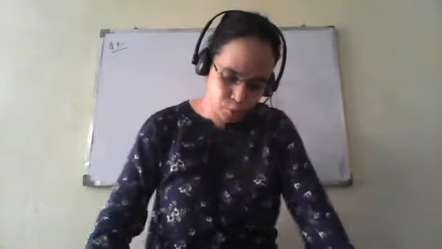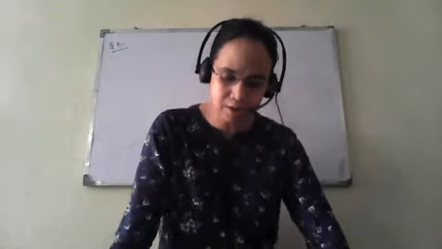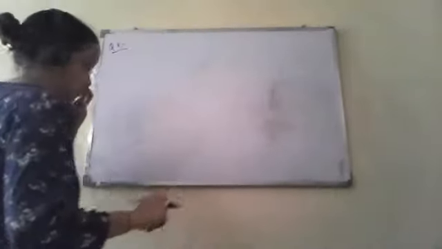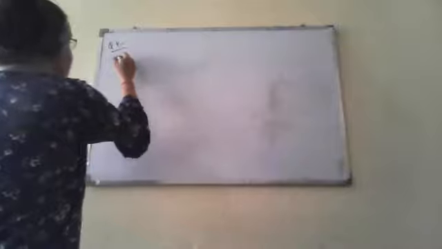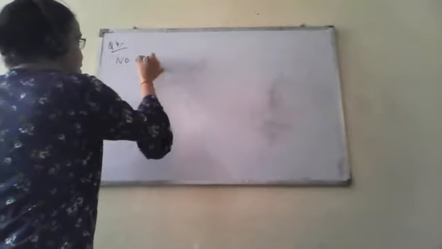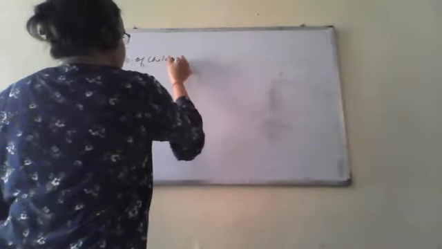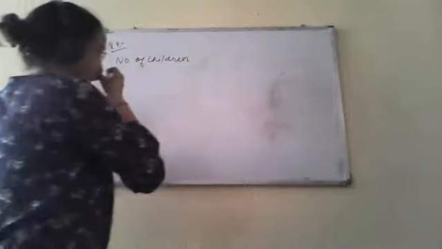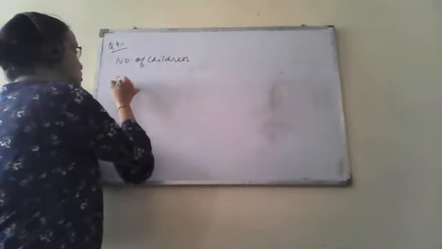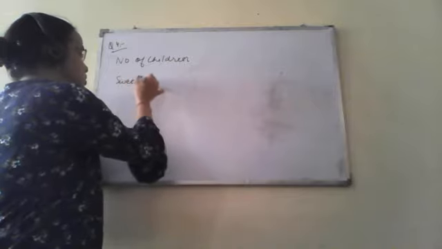If a box of sweets is divided among 24 children, they will get 5 sweets each. How many would each get if the number of children is reduced by 4? So we have the number of children and sweets per child.